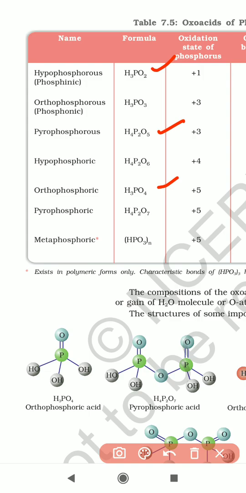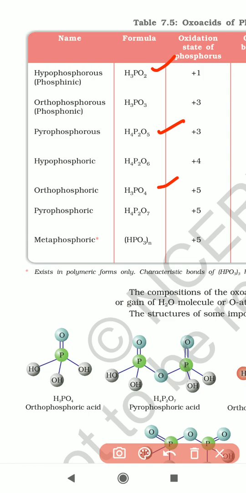And the last one is (HPO3)n, with suffix n. This is called metaphosphoric acid. So these are called the oxo acids of phosphorus.